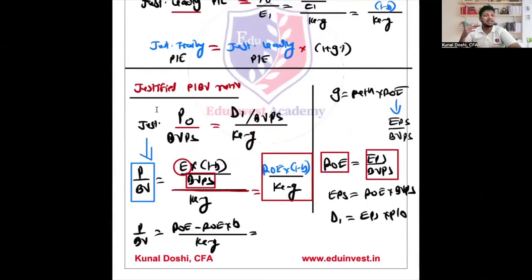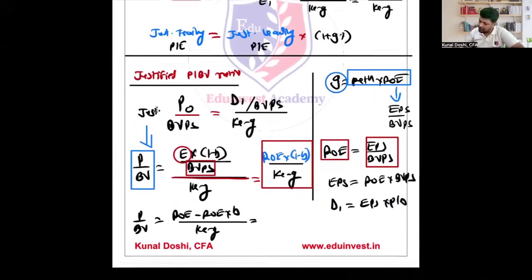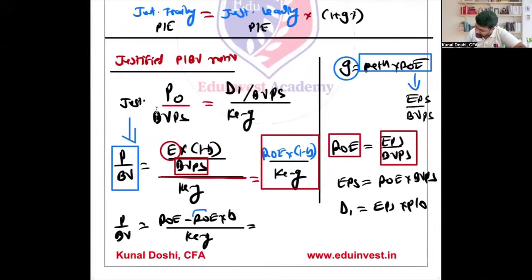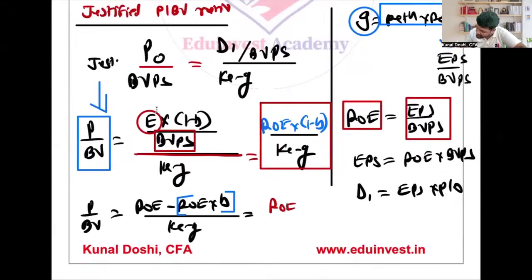B stands for the retention ratio. And we know that when I do retention ratio into ROE, I get the growth rate, isn't it? So whenever I do retention into ROE, I can replace this with the growth rate. So my final formula is ROE minus growth rate over cost of equity minus growth rate.